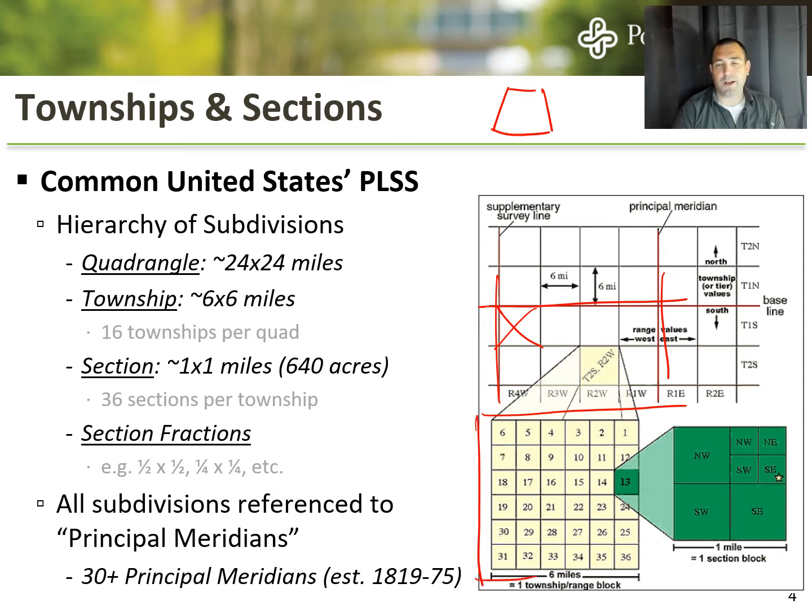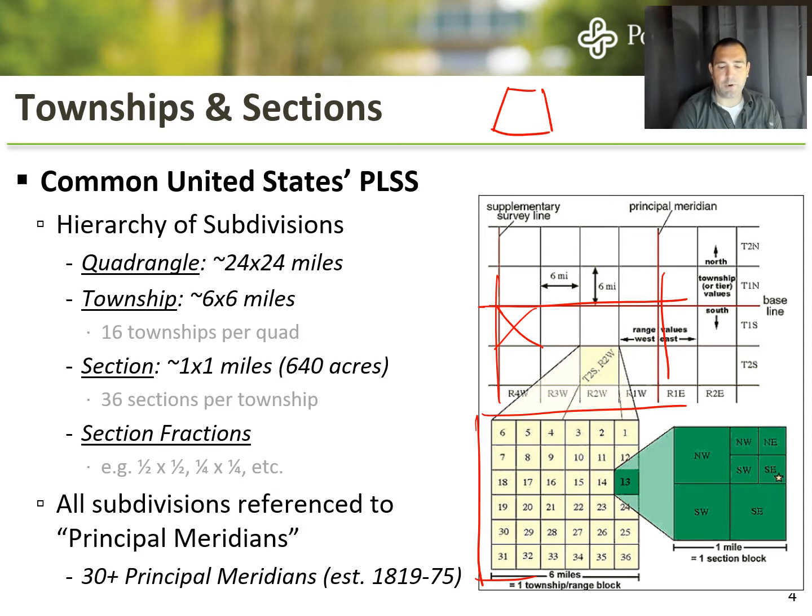Each section is approximately 1 mile by 1 mile, so each section is approximately 640 acres. You'll remember way back when we talked about Gunter's chains that acres and miles are all defined in terms of chains, and that's why a mile is a goofy number, 5,280 feet. That's what was primarily used for laying a lot of this out, and that's why we have significant errors in some places, more than you might expect with contemporary surveying equipment.